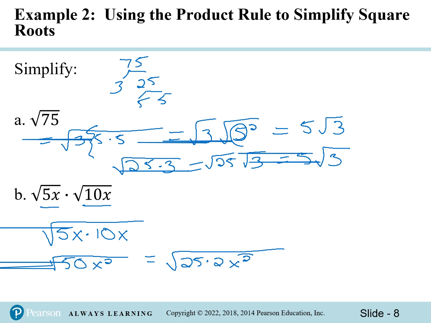And this will give me an absolute value of x. This will give me 5. And we have the square root of 2 still left underneath the square root.